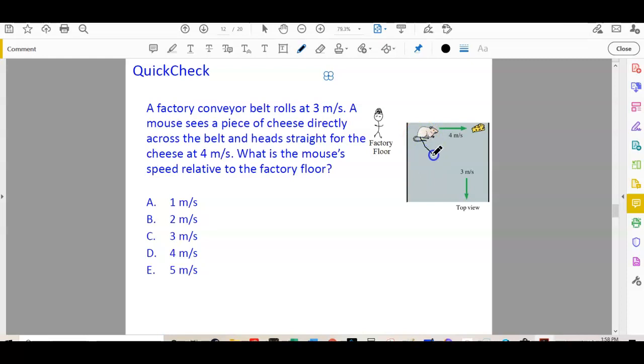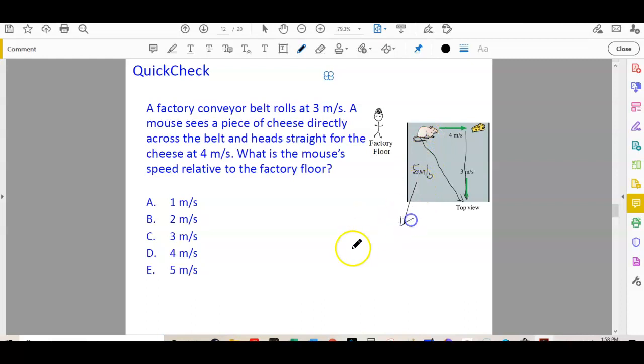So the mouse is going to have an overall velocity of down and to the right as it moves past you, okay? And so the speed of this mouse is going to be to the right and down, so that's vector addition. You're doing tip to tail, right? And guess what this is? It's a 3, 4, 5 right triangle, right?